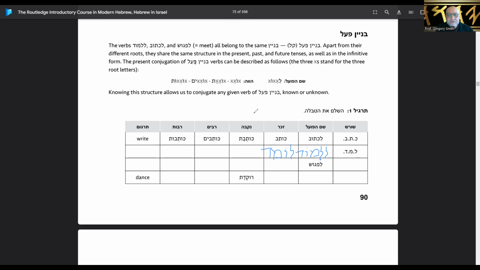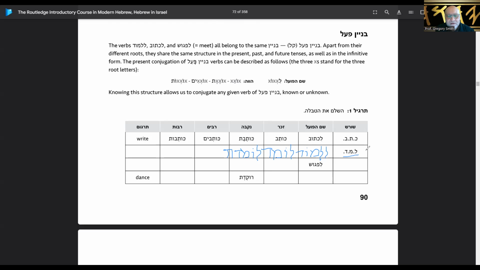Okay, so this is our root we're working with. So I think it's going to be lomedet. I bet you it's lomedet. And I'm trying to remember, I think it's probably just a tav at the end of there. So if I were to say hi lomedet. Yeah, she studies. היא לומדת.